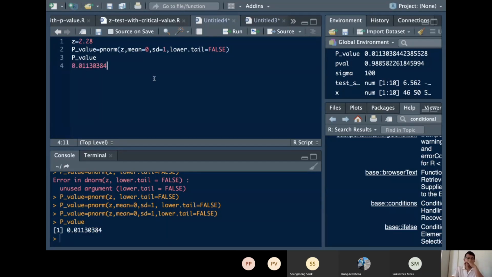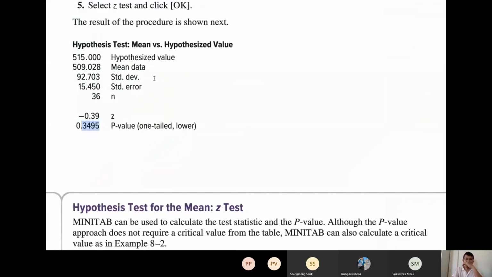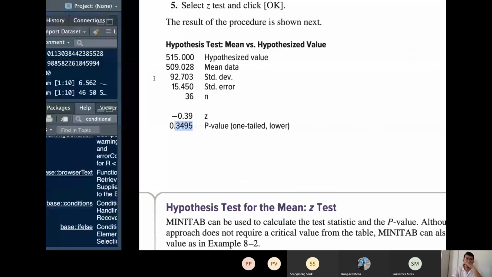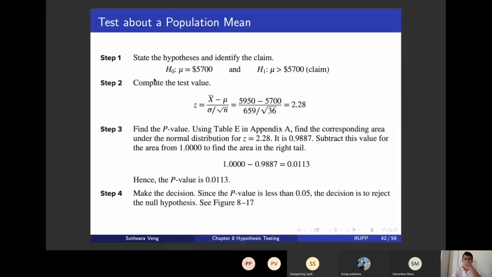We found it to be 0.011. Here, which is this case, right? By using the table, first of all, you have to find the area to the left of this z, but the p-value is the area to the right.